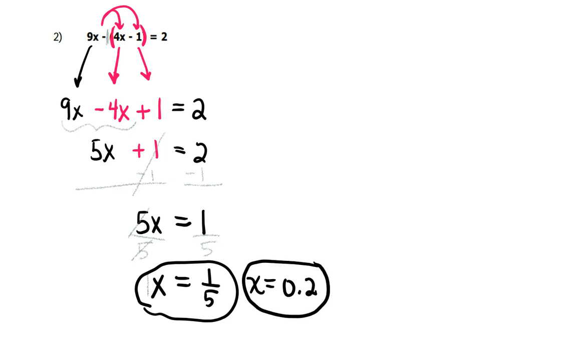Now if I want to check this, you've got a handy dandy calculator. You can use it. You can check the 1/5 or the 0.2. I like fractions better. Yeah, I know I'm weird that way.